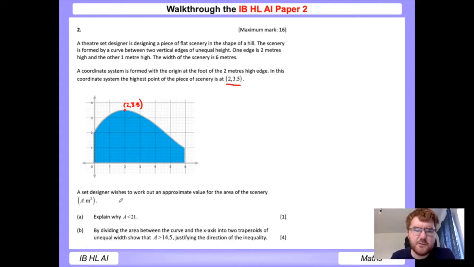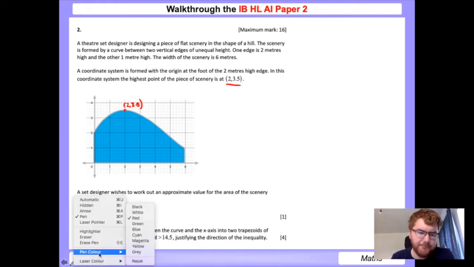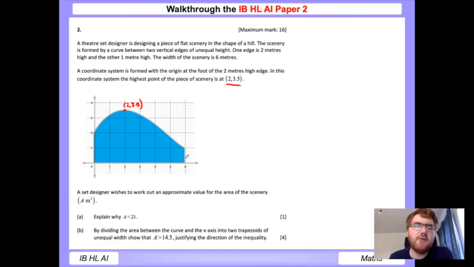And a set designer wishes to work out an approximate value for the area of the scenery, A square meters. Explain why A is strictly less than 21. Well, let me draw the enveloping rectangle around this. Now I don't need to go all the way up to 4, because I know the maximum point, I can go all the way across and create myself a rectangle which contains the actual area that I'm looking for.